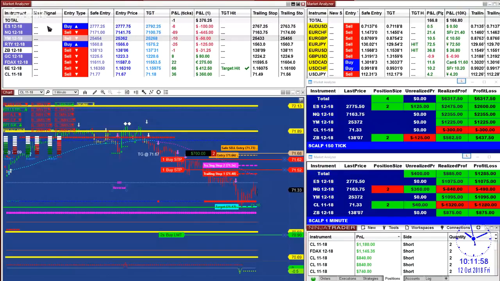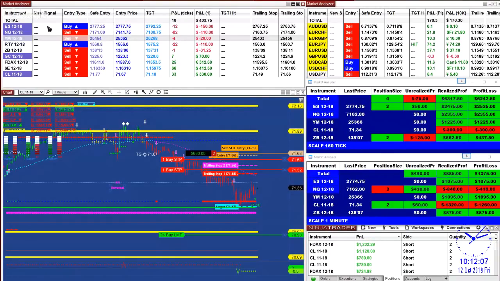As you see here, the Russell is actually in the buy direction. So there is a little bit of a mixed market here, and I will be cautious right now because I don't know which one is going to influence the other.